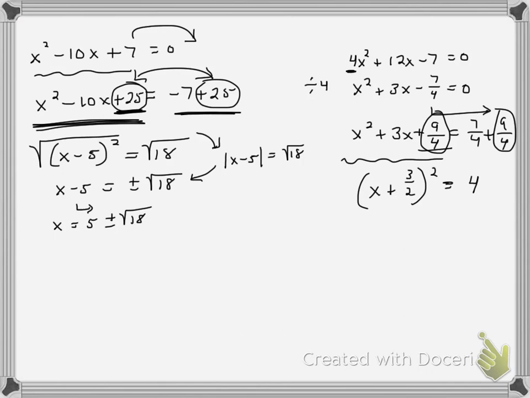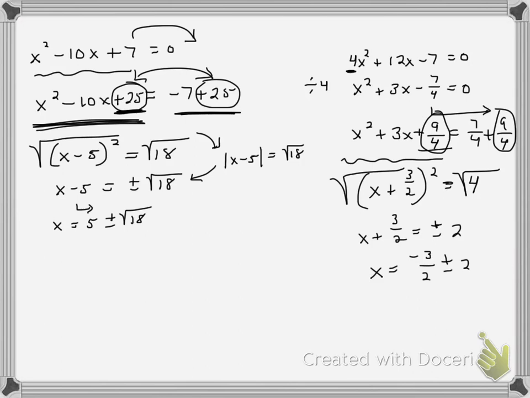Okay. Now I'll take the square root of both sides, and I'm going to get x plus 3/2 equals plus or minus square root of 4 is 2. Subtract the 3/2, and I'm going to get x equals -3/2 plus or minus 2. Evaluate it twice.